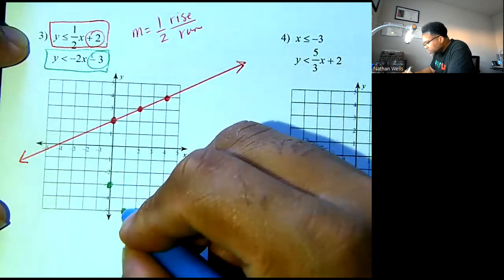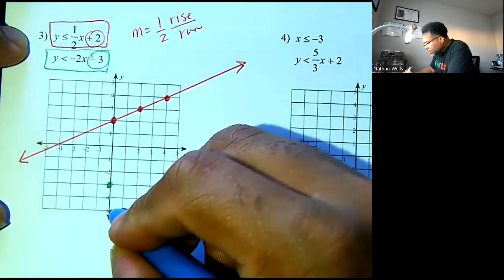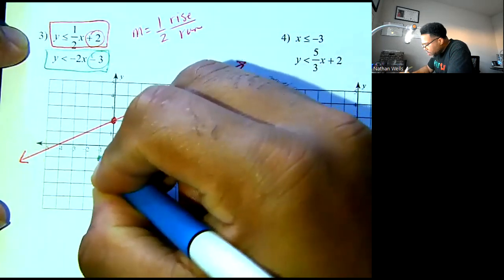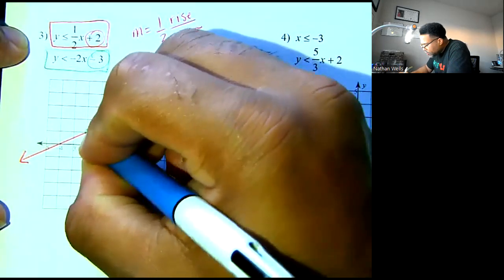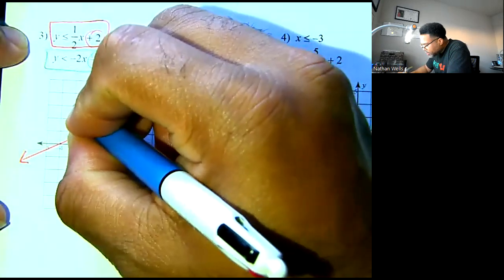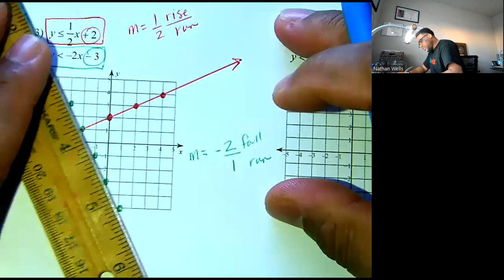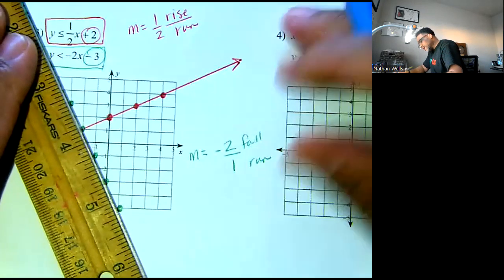And I can go backwards to the left 1, up 2, left 1, up 2, left 1, up 2. Just makes it a little bit easier for me to draw my line.